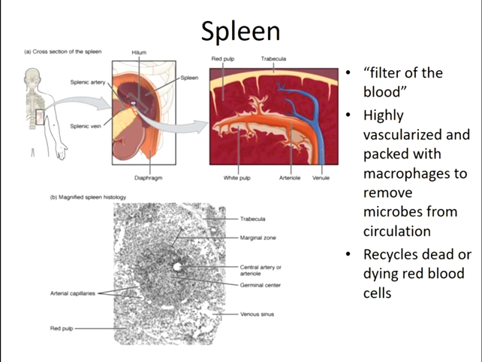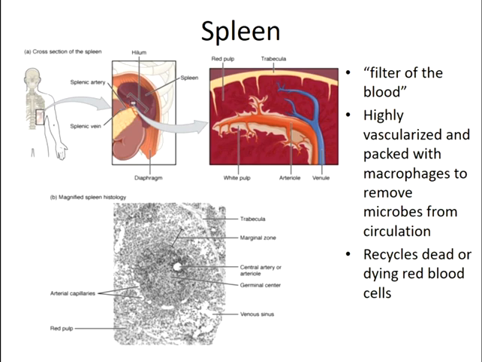All right, the spleen is another secondary organ of the lymphatic system. The spleen consists of two main areas: a red pulp and a white pulp. The red pulp evaluates and filters the blood, particularly the bloodstream.